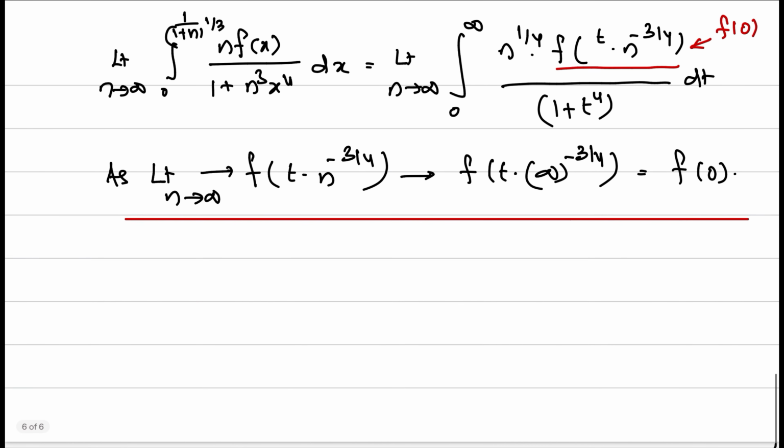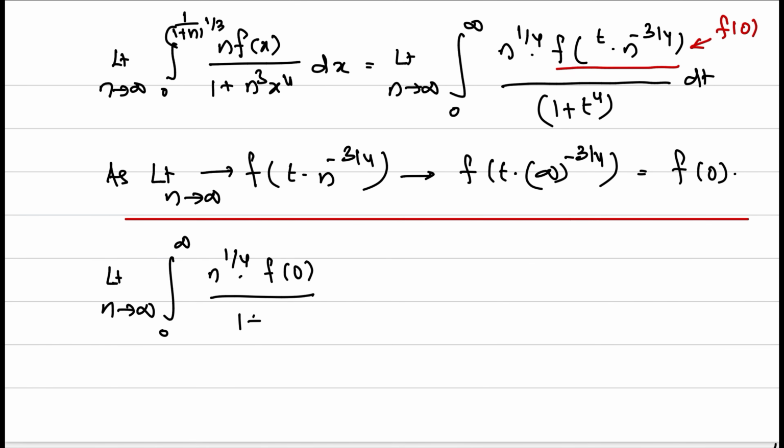Hence, it can be written as limit n tends to infinity integral 0 to infinity n to the power of 1 by 4 into function 0 divided by 1 plus t to the power of 4 dt.